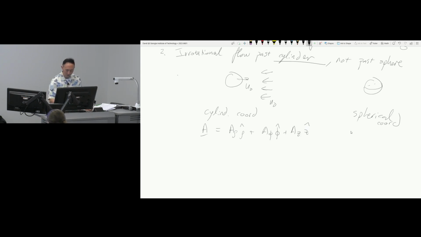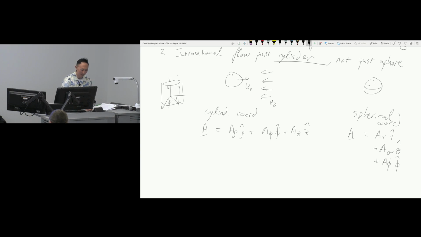For cylindrical coordinates, it's basically like a cylinder. That's your radius, and you have your angle phi, but you also have some position z.